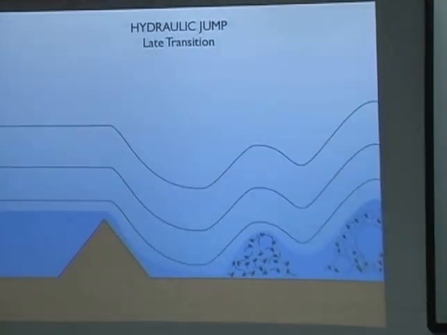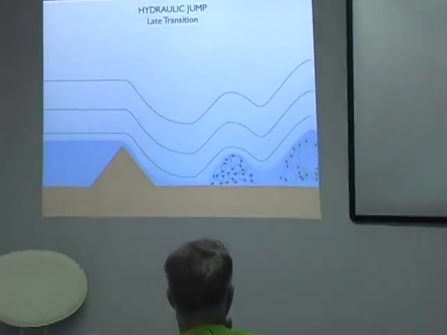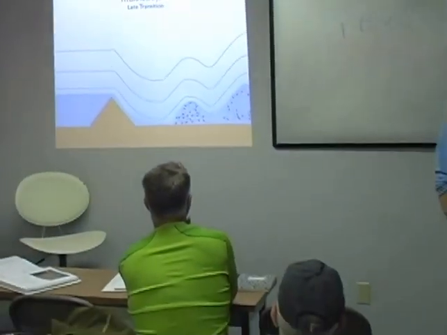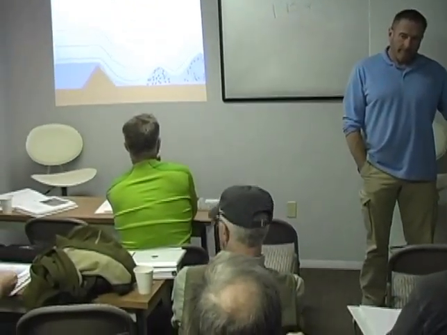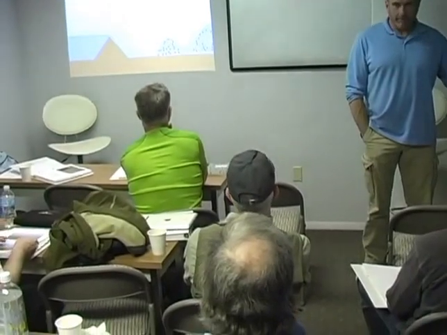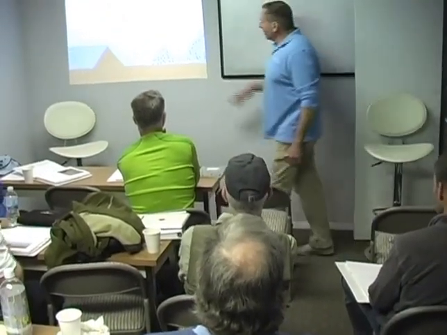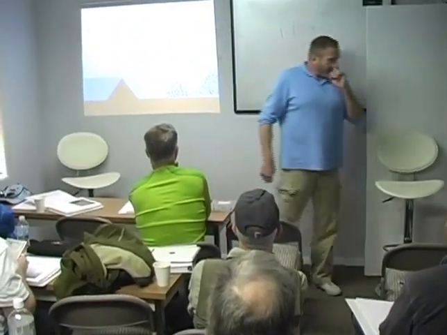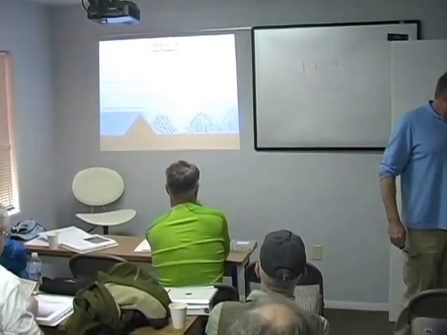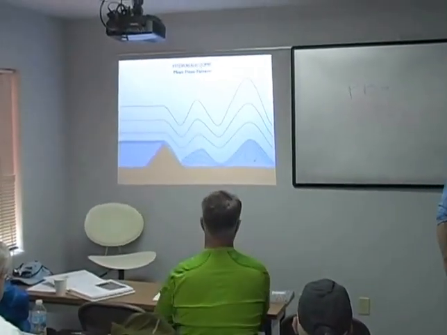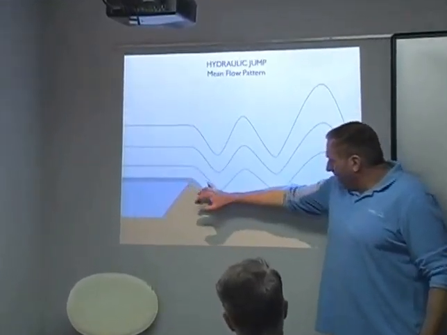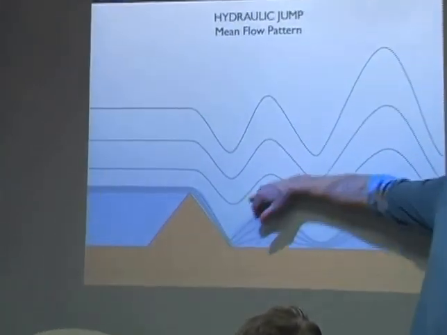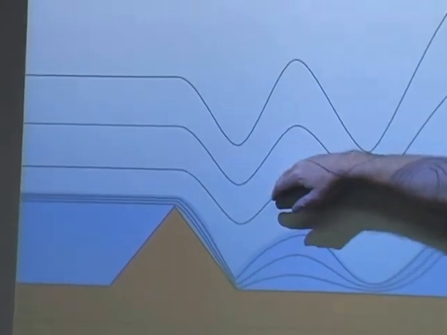Does that bubble of turbulent air formed from the jump enough of a bubble to cause acceleration of the air over top of it? Absolutely. A lot of times, let's go back to the other one. Kind of looks like it. On this one, you'll get the first smooth, nice smooth flow up here.